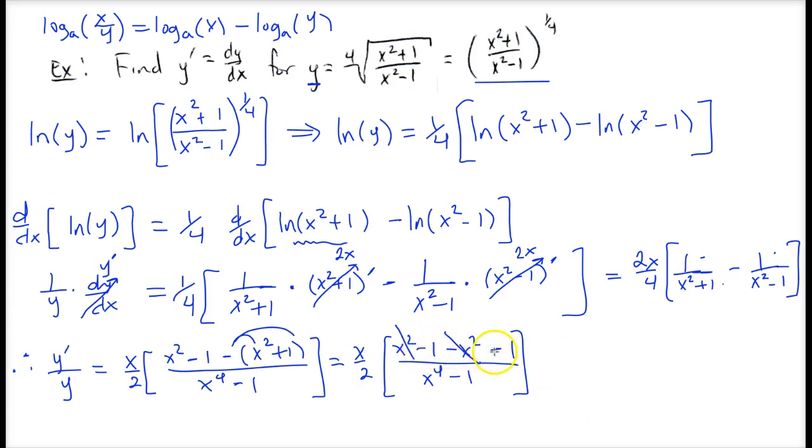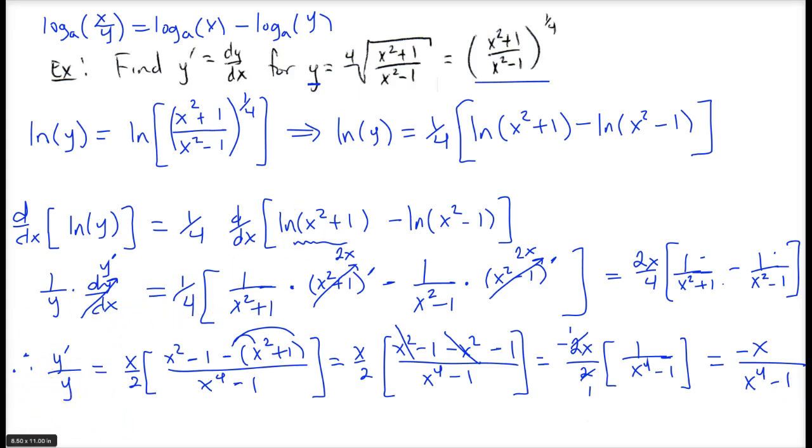And I have negative 1 minus positive 1, which is a negative 2. So I have negative 2x over 2. All that over 1 over x to the 4th minus 1. And of course, that will just reduce to 1 and just be a minus x. So all of this is just minus x over x to the 4th minus 1.